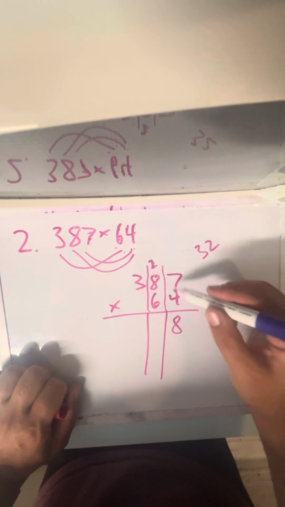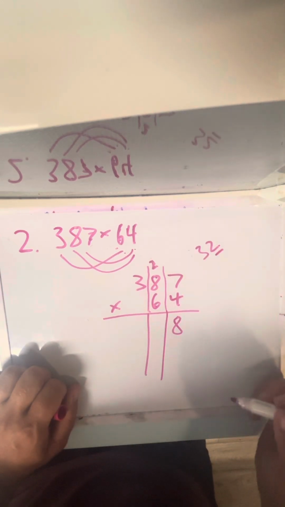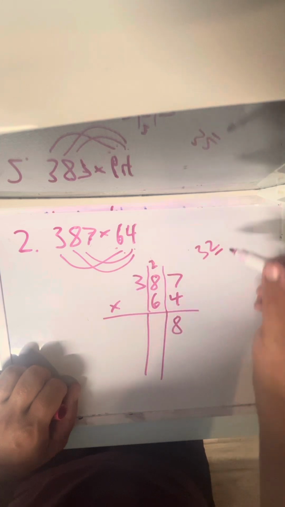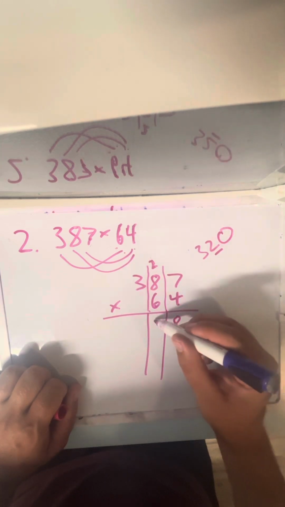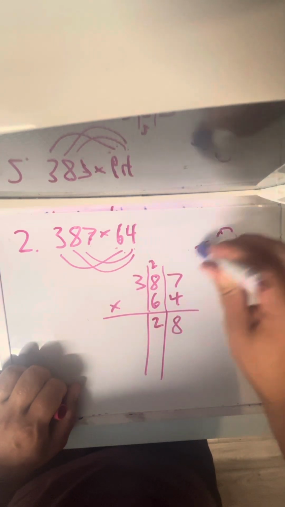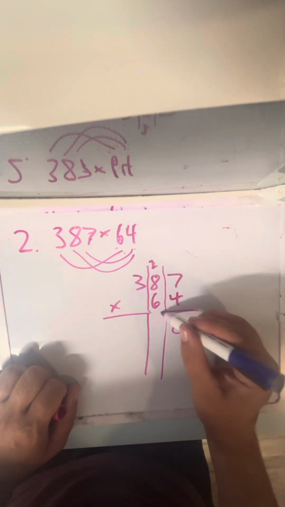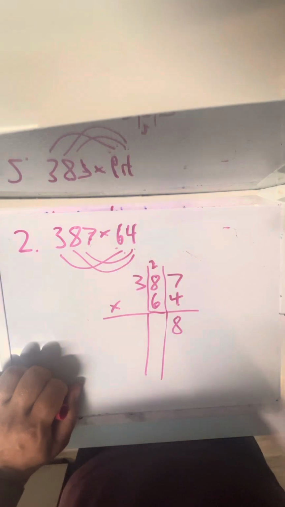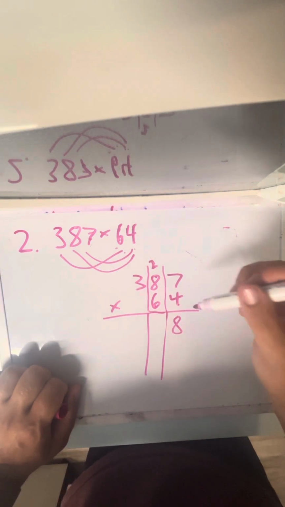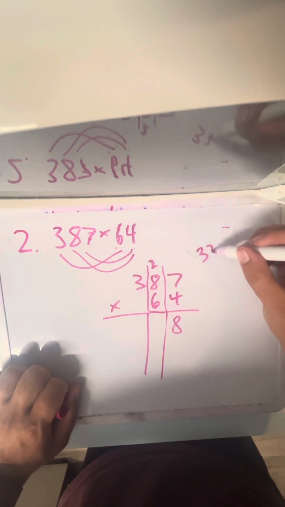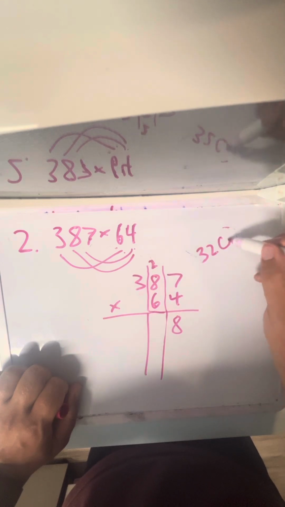Oh no, I'm getting sidetracked here. Now we're really thinking about how I can explain this. 4 times 8 is 32. Yes. So that would be 320.